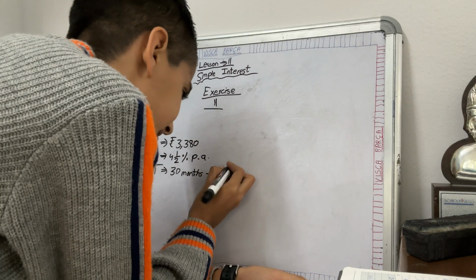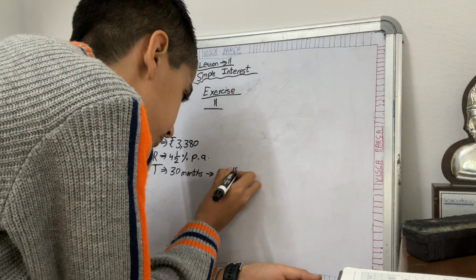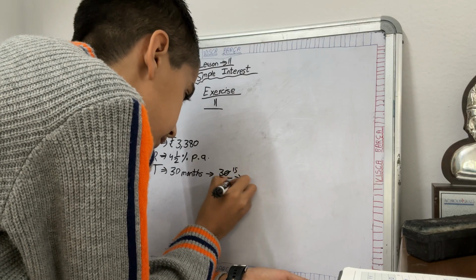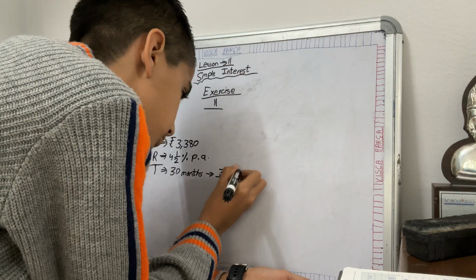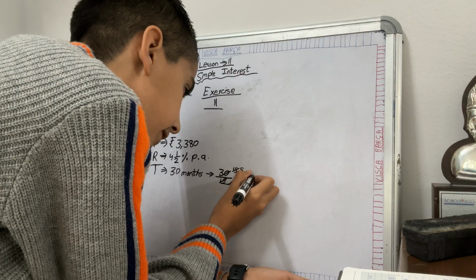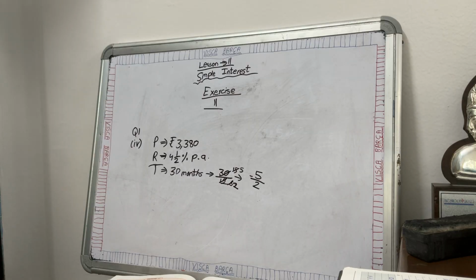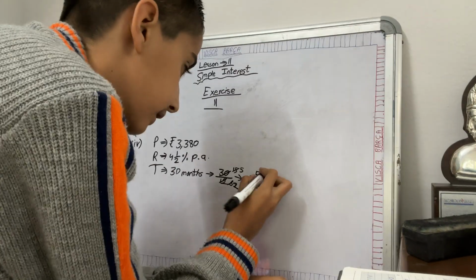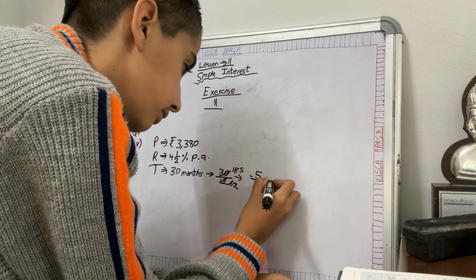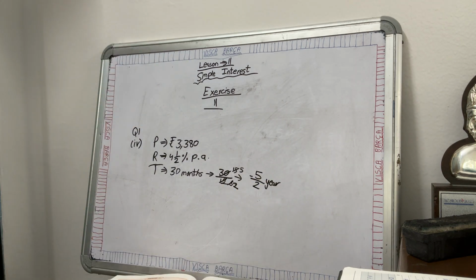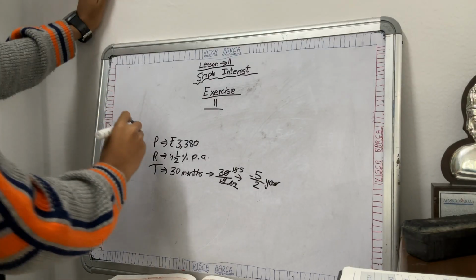So it will be 15, 6, 2. So it will be now 5 by 2. Okay, so this is the given. 30 months is 5 by 2 years.